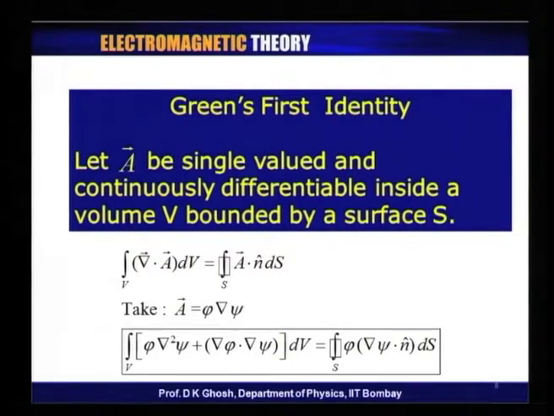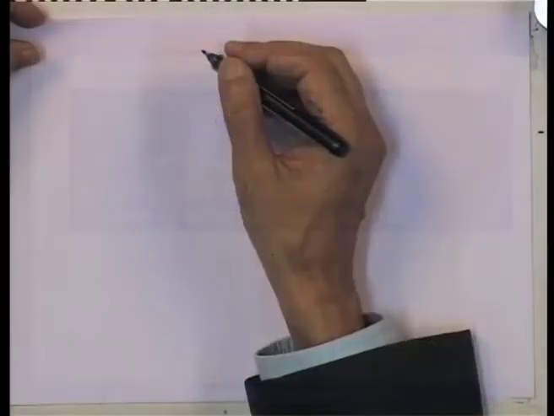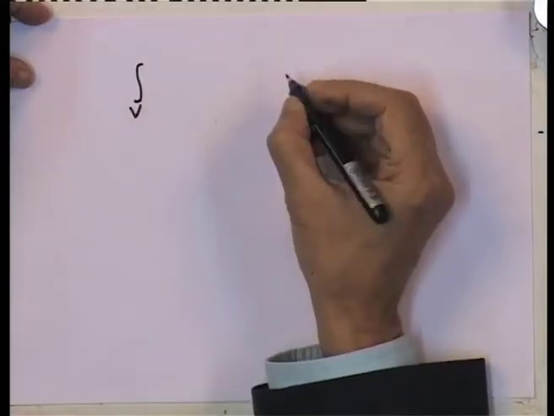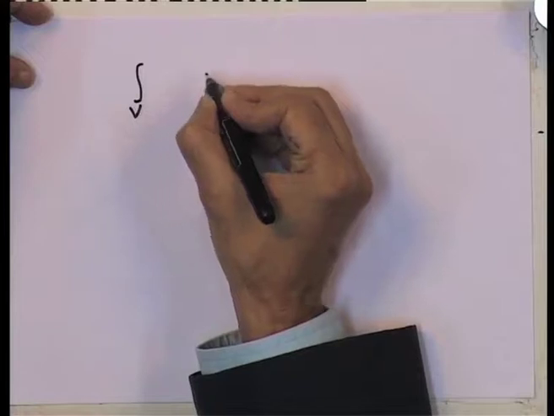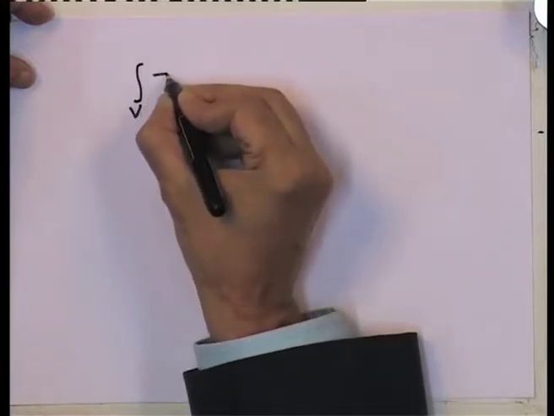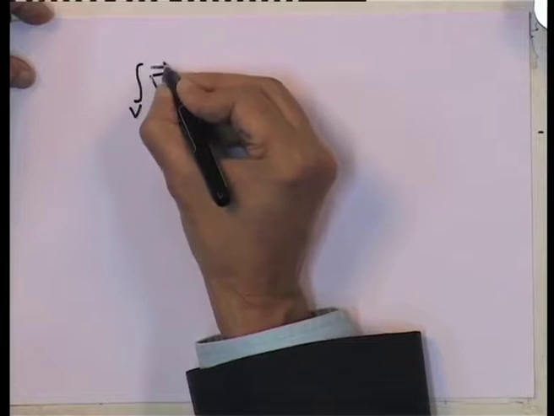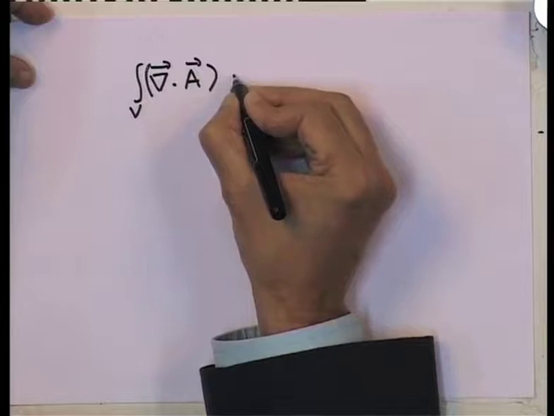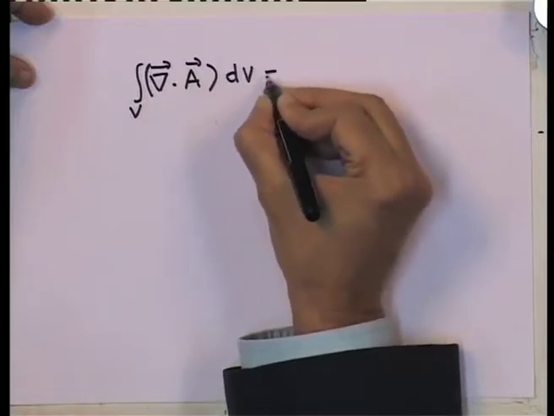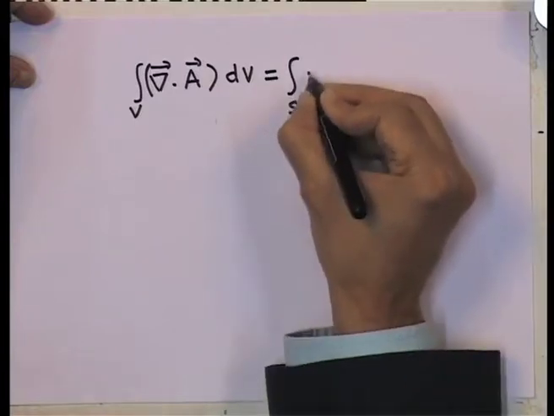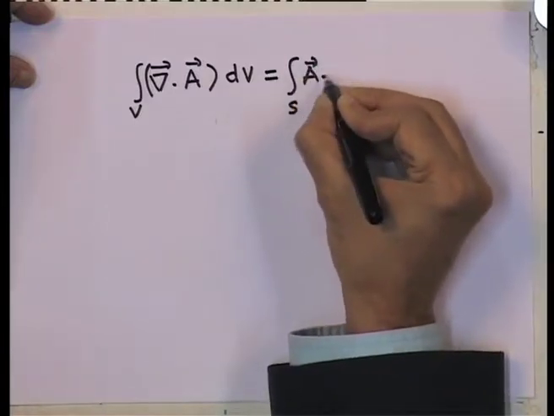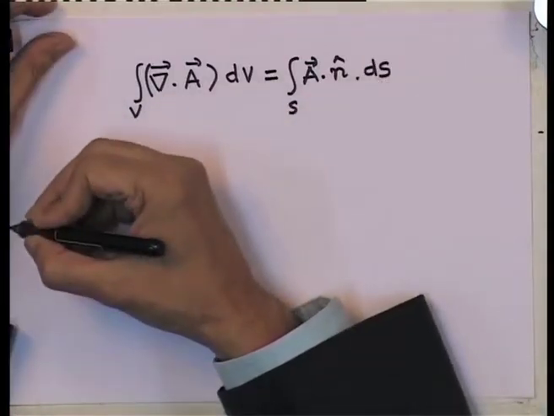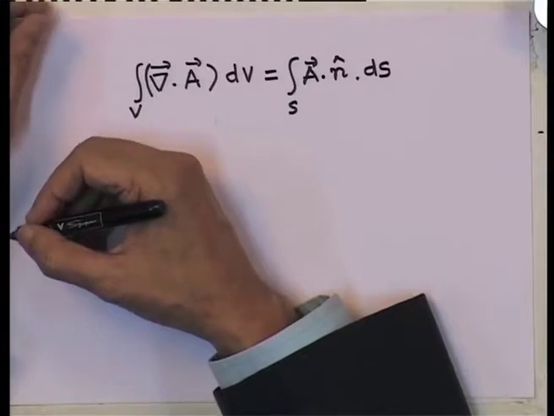Now, we had seen earlier that if a vector A is defined in a region which has a volume V and is bounded by the surface S, then the volume integral of the divergence of the vector, del dot A, is given by the surface integral of the vector A taken over the surface which binds this volume. This was known as the divergence theorem.